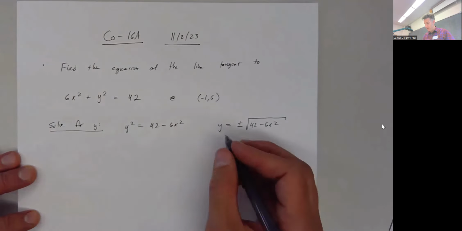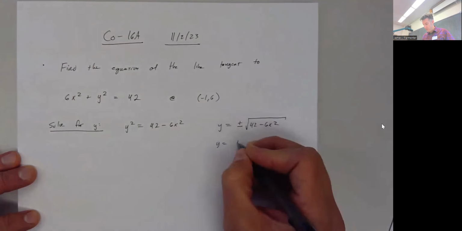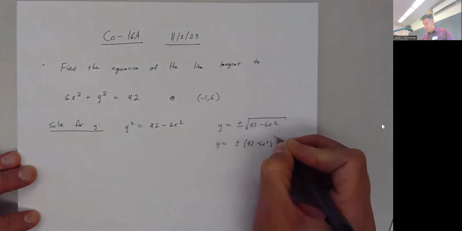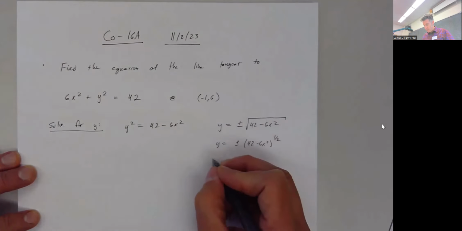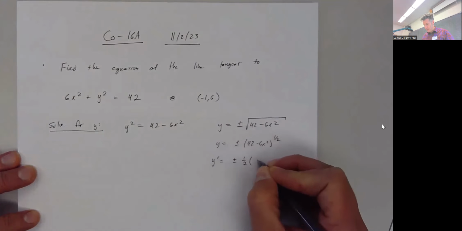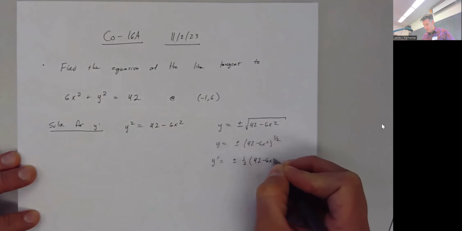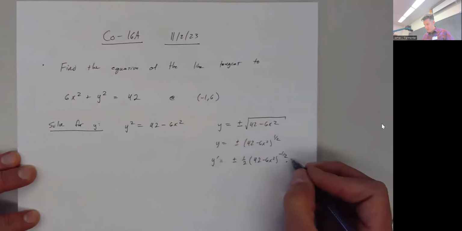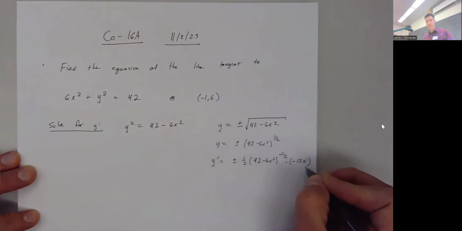And so if I rewrite this as y equal to plus or minus (42 minus 6x squared) to the 1/2 power, the derivative here is going to be plus or minus 1/2 times (42 minus 6x squared) to the -1/2 times the derivative of the inside, which is -12x.